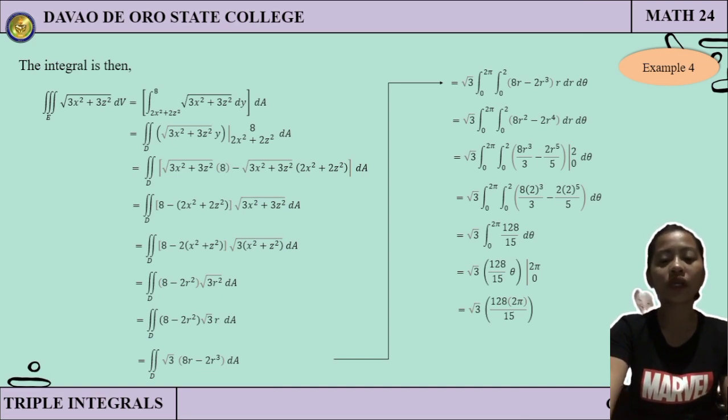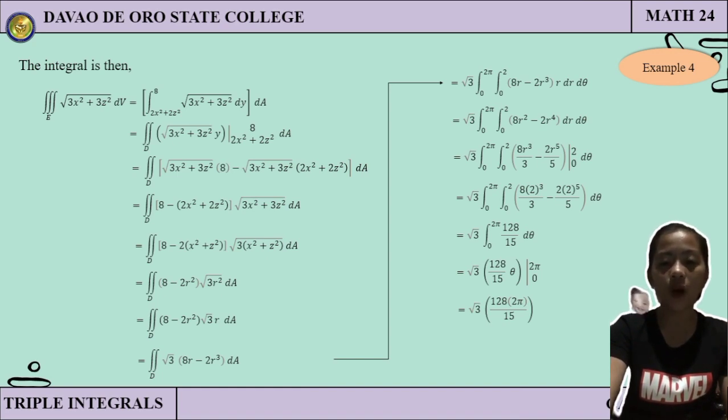We are going to substitute the values of the bounds for the r variables. So we will have square root of 3, integral 0 to 2 pi, of 8 times 2 cubed over 3, minus 2 times 2 to the fifth over 5, d theta. Then upon simplifying, the result will be square root of 3, integral 0 to 2 pi, of 128 over 15 d theta.